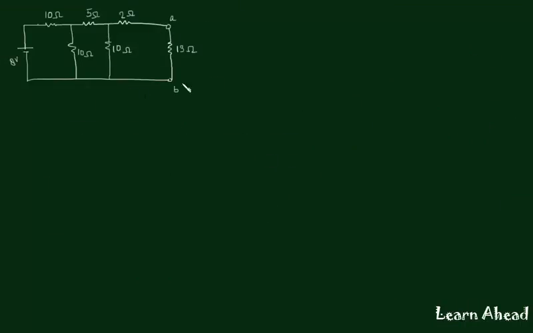This was the network, and to find Norton's short circuit current, we need to short terminals A and B and find this current. You can use either KVL and KCL, or mesh analysis. Here I am using mesh analysis to find Norton's current.